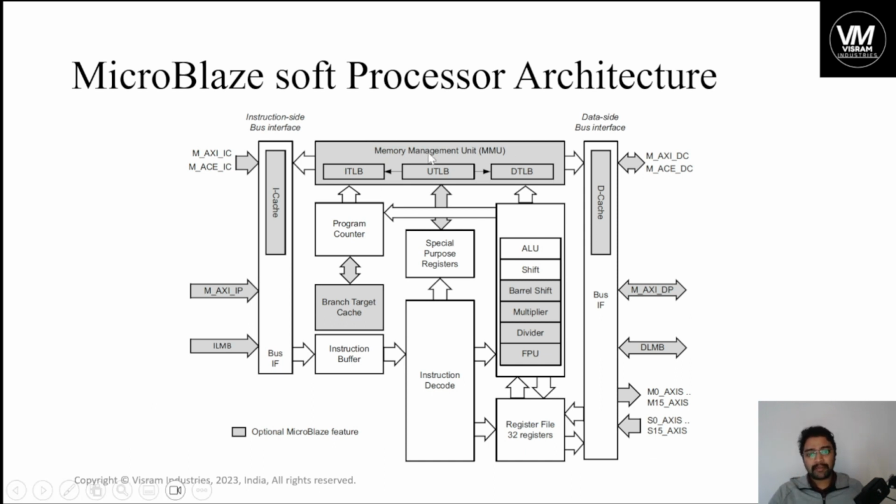We can see the memory management unit with some internal blocks, some ALU logic blocks, special purpose registers, and also instruction decode, branch target cache, and instruction buffer. So the basic elements are the instruction decoder, program counter, bus interface, data bus interface, arithmetic logic, and a register file of 32 registers.